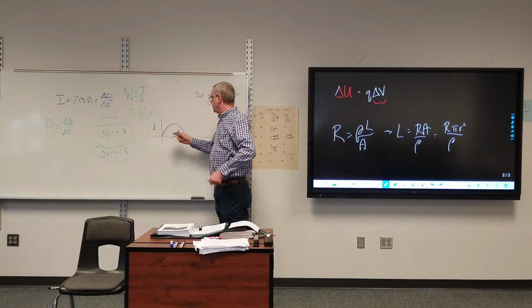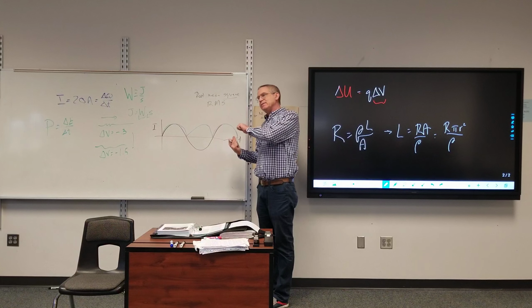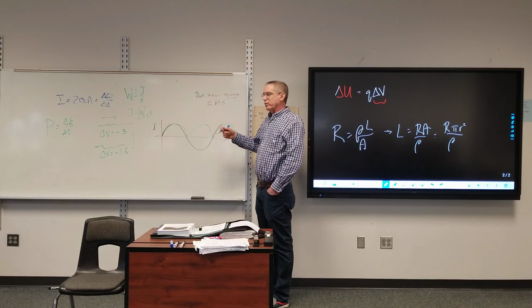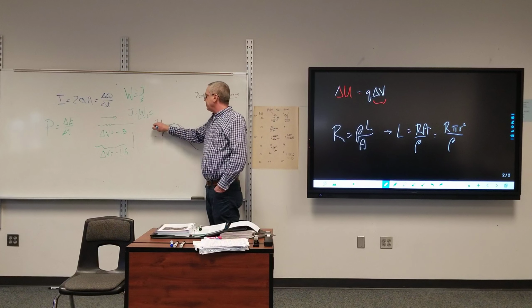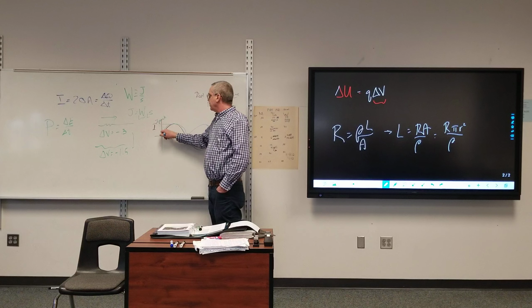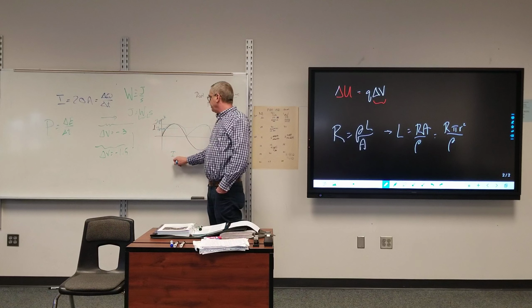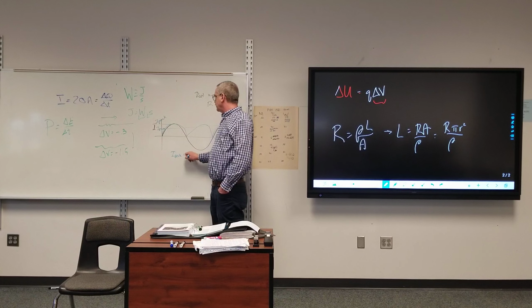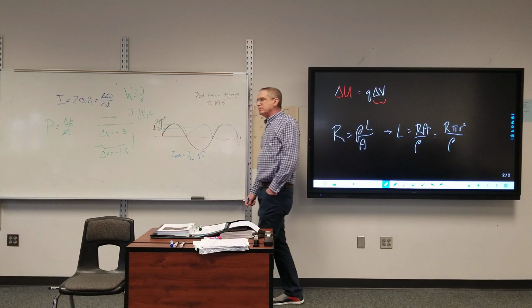You square it first, then you take the average of that, and then you take the square root. Whatever the peak value is, the peak value is equal to the RMS value times the square root of 2.